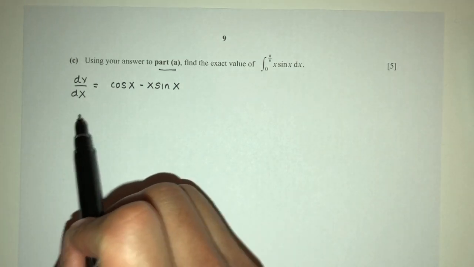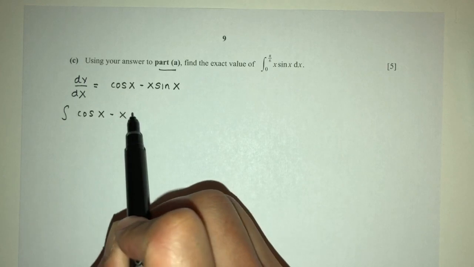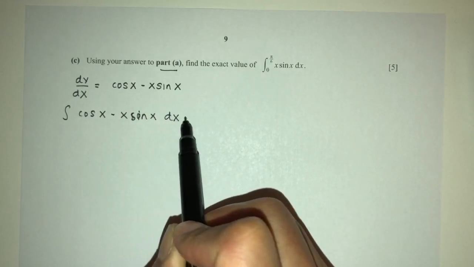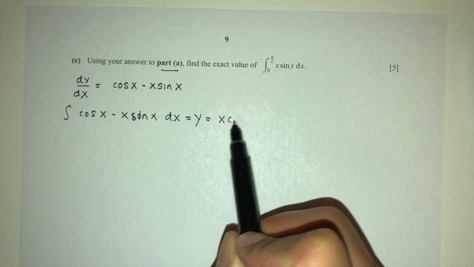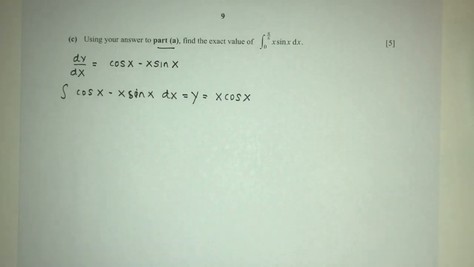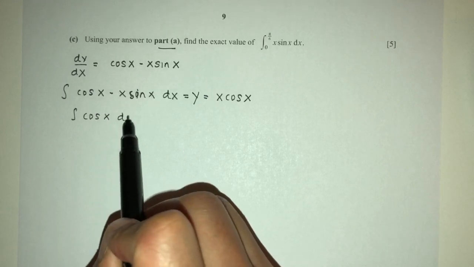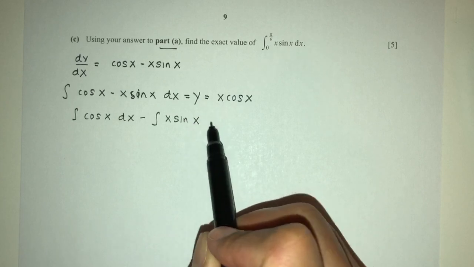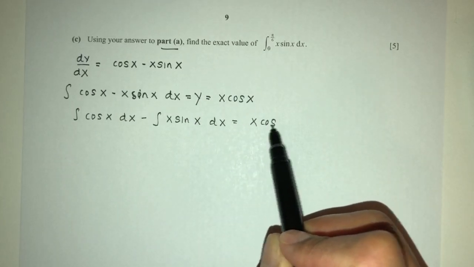If you were to integrate this, it is supposed to give you back the value of y, which is x cos x. Now we can break this down into pieces. There will be the integration of cos x dx minus x sin x dx is x cos x.